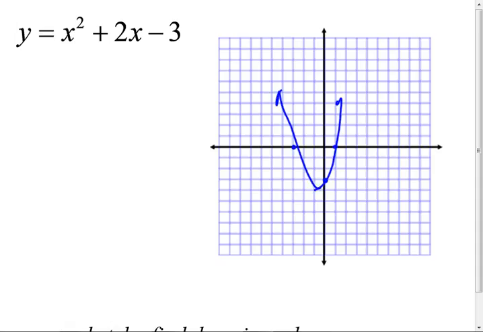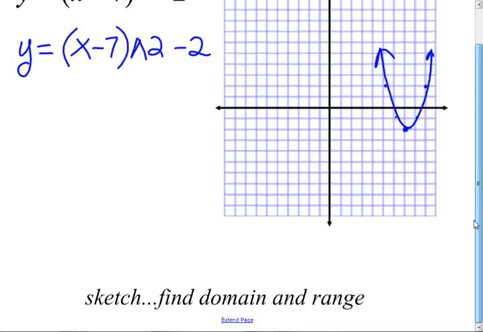Okay, that's what that one looks like. Oh yeah, and by the way, I forgot to ask you what the domain and range was here. Hey guys. Joey, settle down. Okay guys. Jen.